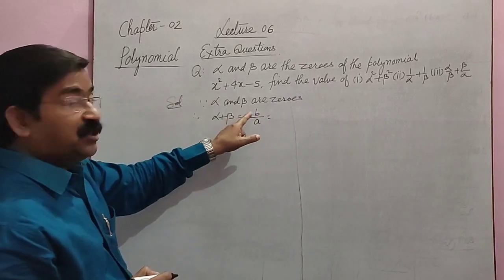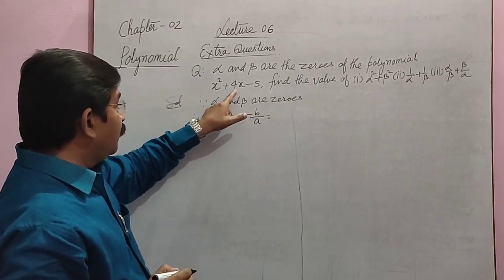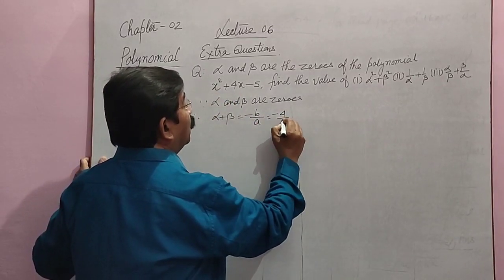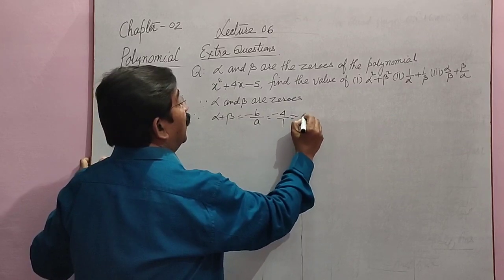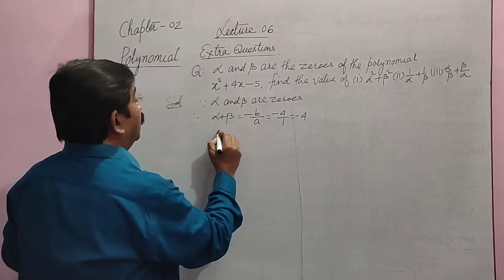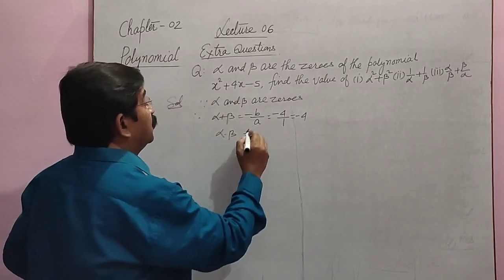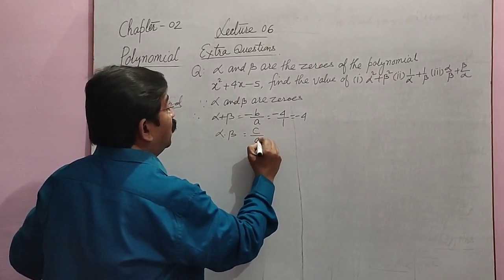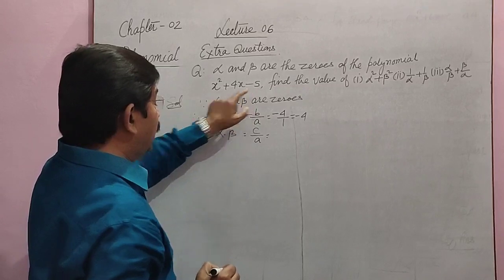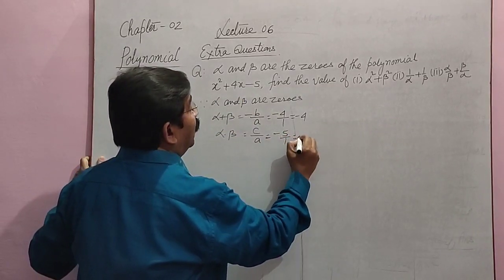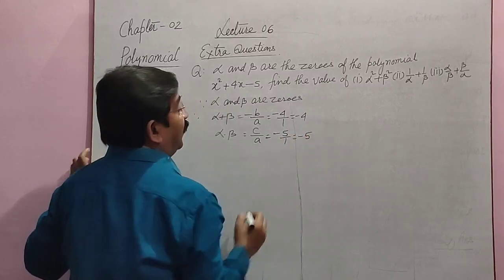Minus b, where b is the coefficient of x, is 4. So minus 4 upon 1, that is minus 4. Alpha into beta, that is the product of zeros, is c upon a, and c is minus 5. So we have minus 5 upon 1, which is minus 5.